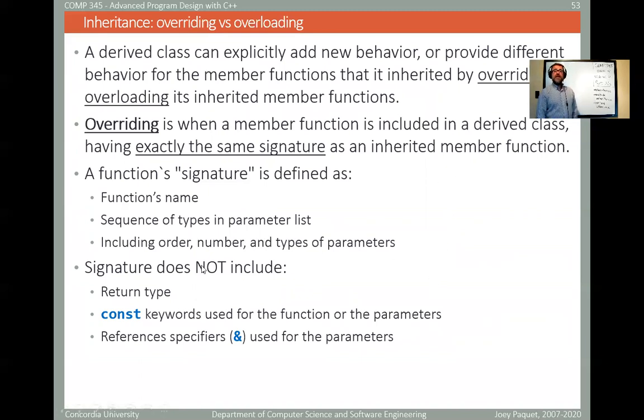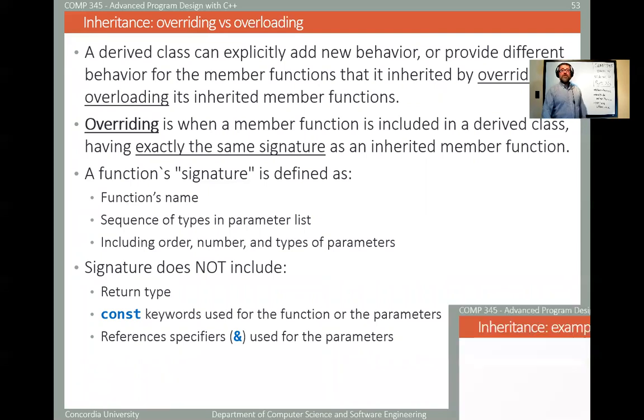Signature does not include the return type, whether the member function itself is declared as const, whether any of the elements of the list of parameters are declared as const, or whether any of the members of the parameter list is declared as a reference or not. So there are a lot of restrictions as to what is part of the definition of a signature.